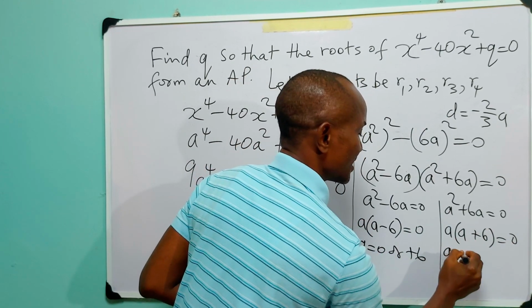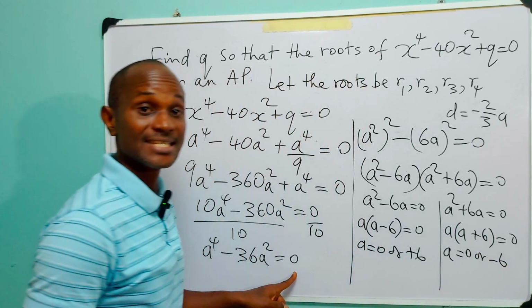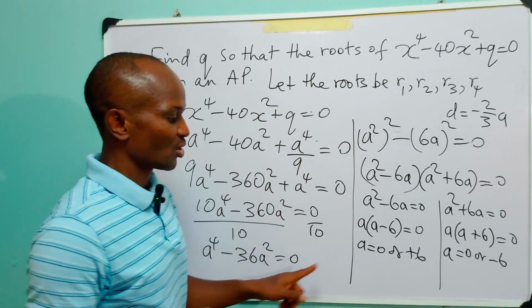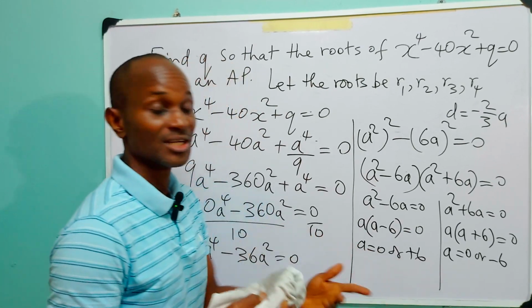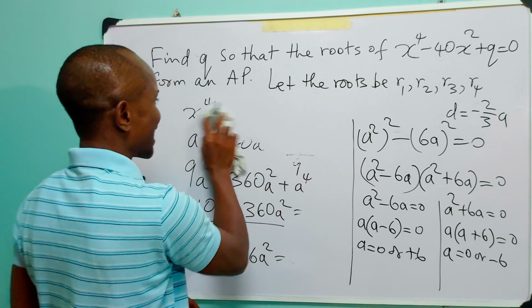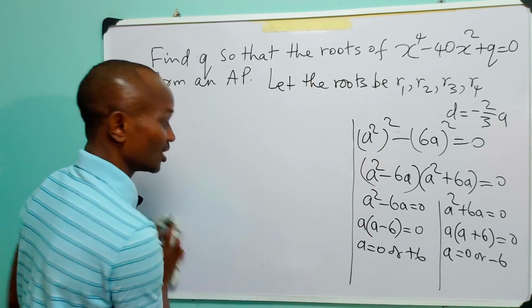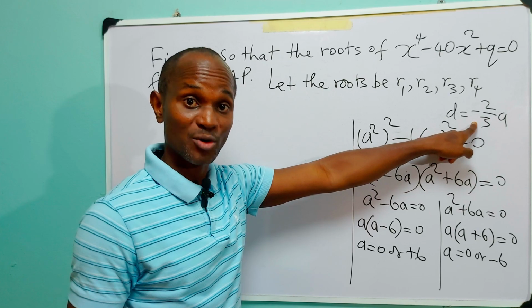So we have that a is equal to 0, or minus 6. So we have these two. Of course, 0 is a trivial solution. This is when we come back to this formula to find the common difference of the arithmetic progression.